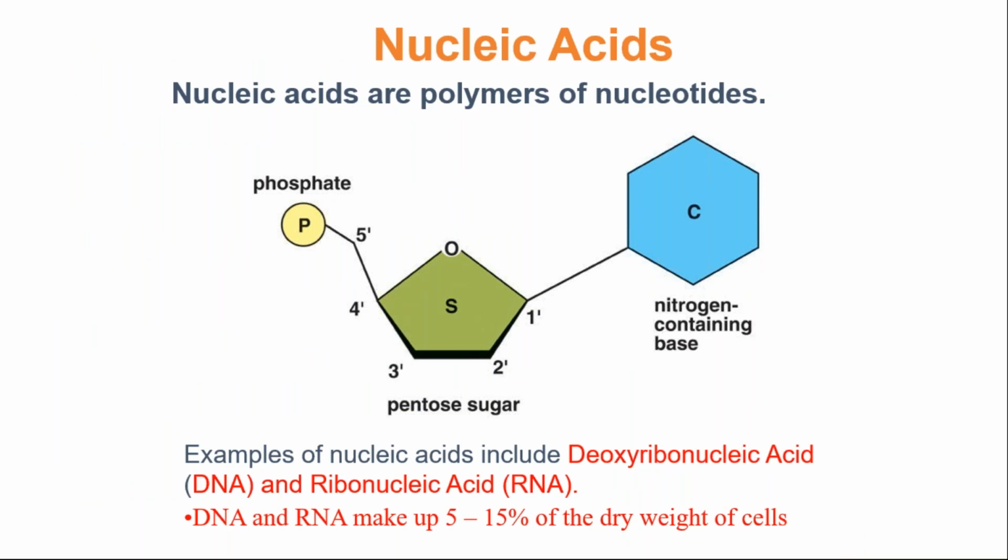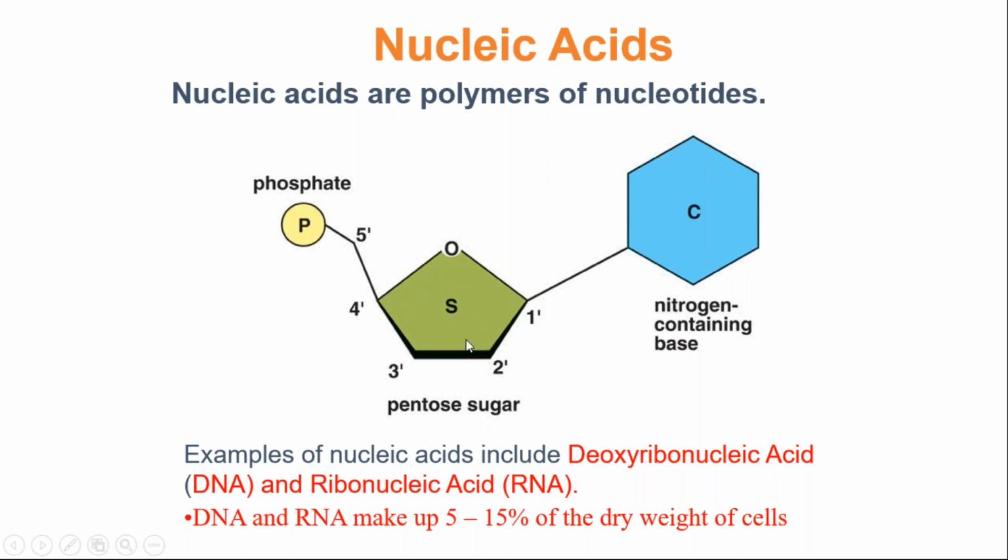The nucleic acid is a polymer of nucleotides, just like how a protein is a polymer of amino acids. What are these nucleotides? These nucleotides contain a nitrogen base. They contain a pentose sugar.